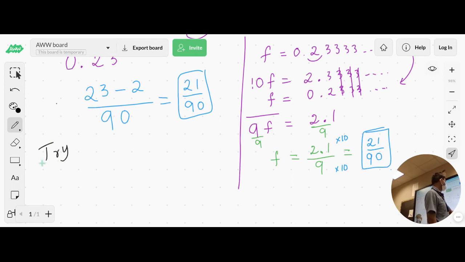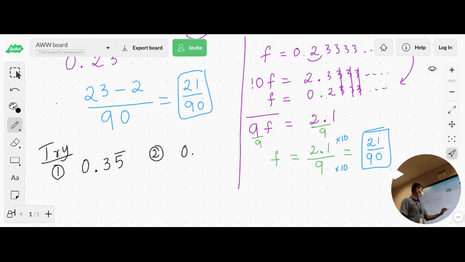Now let's try number 1: 1.35 is repeating. And then question number 2: 2.2156 repeats. Let's try to do these two questions and then we can check.